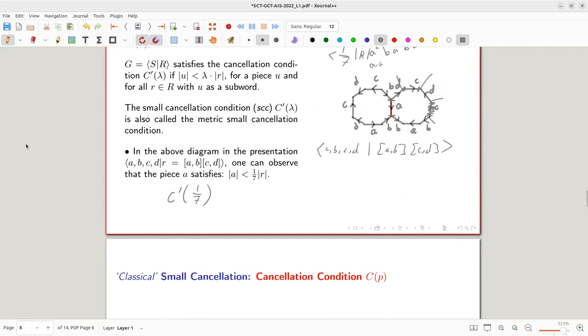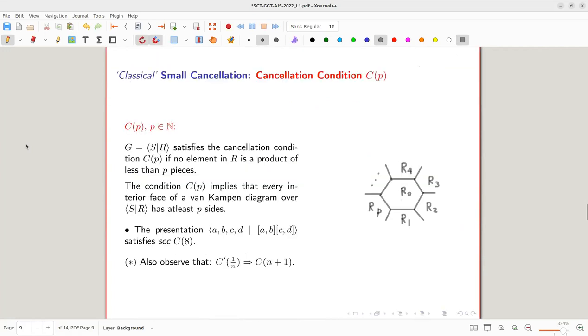So you need at least 8. That is what it says, that a presentation ⟨S | R⟩ is said to be satisfying CP if the relators from this R are a product of no less than p pieces.